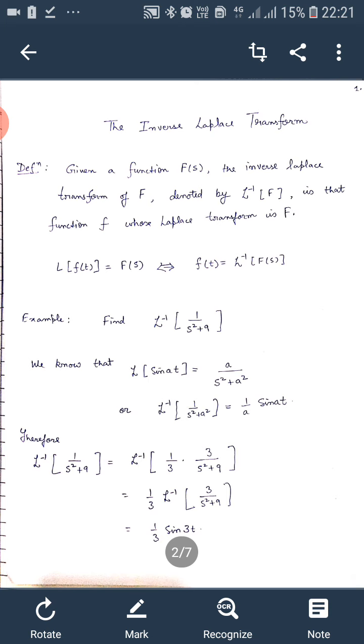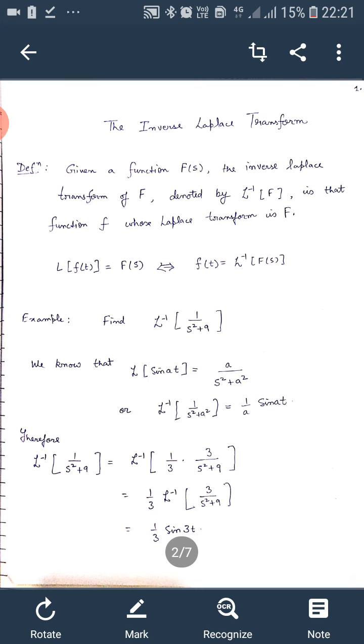For example, suppose I want to determine the inverse Laplace transform of the function 1 over s square plus 9. That means I want to bring it back to the time domain, a function of t.